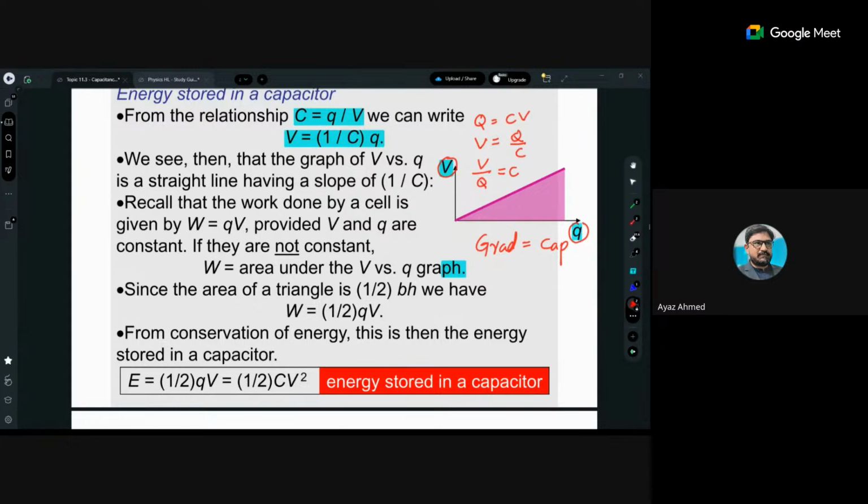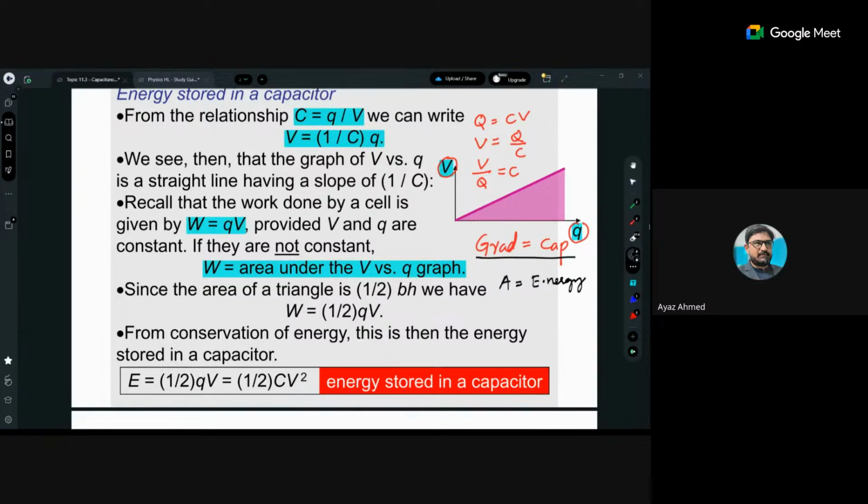But if we say that energy stored in the capacitor is Q times V, so Q and V will be multiplied with each other. It means that the area under the graph will give us the energy stored. So as I showed you, gradient is equal to capacitance, but area is equal to energy stored in the capacitor.